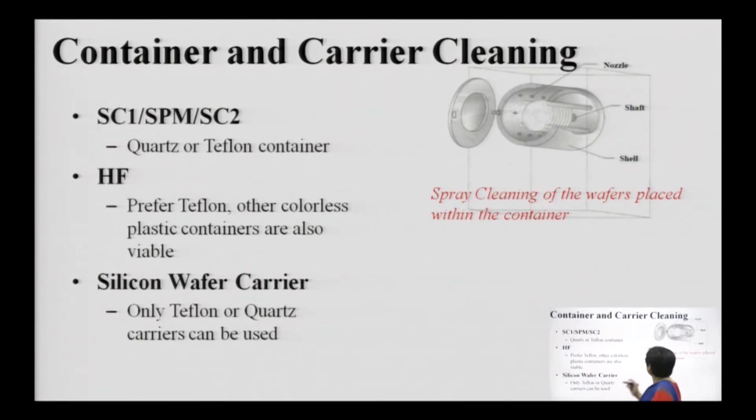But the important thing you have to keep in mind is the container which is holding the wafer has to be chemically inert, chemically non-reactive, and chemically stable, and then only can this wafer be cleaned.